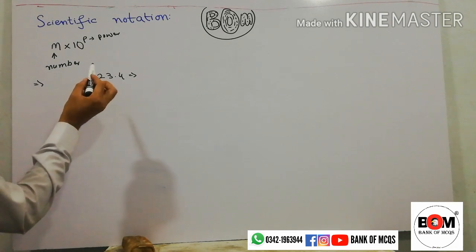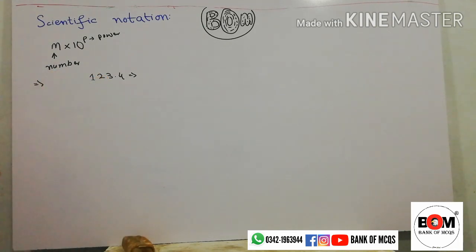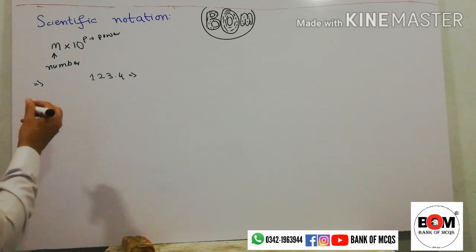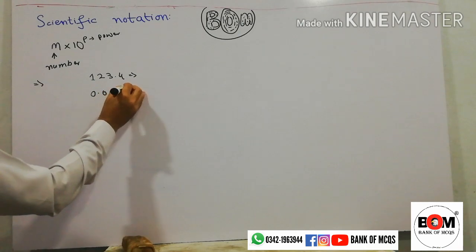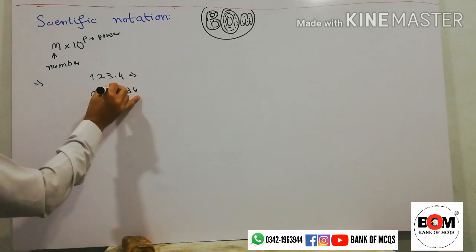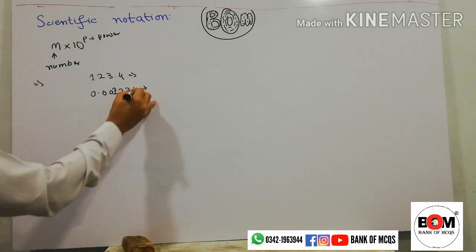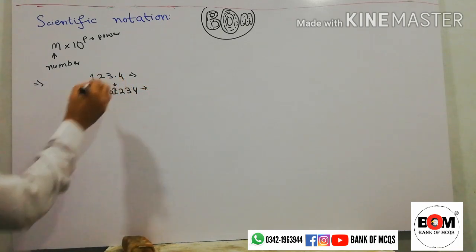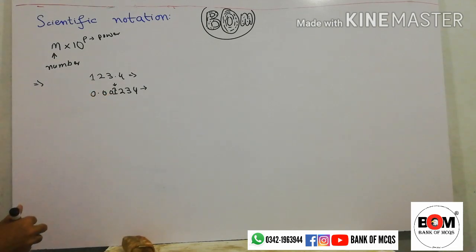So here, instead of 1, we have 2 digits, like 123.4. Or for example, in this case, 0.001234. So we can move this decimal to write this into the standard form with one non-zero digit. We will move this decimal point to the right of the first non-zero digit.